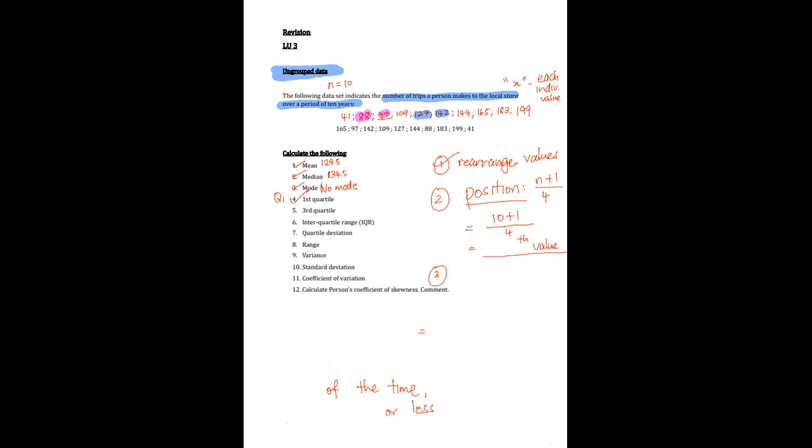The position for your third quartile is calculated as 3 multiplied by n plus 1 over 4.